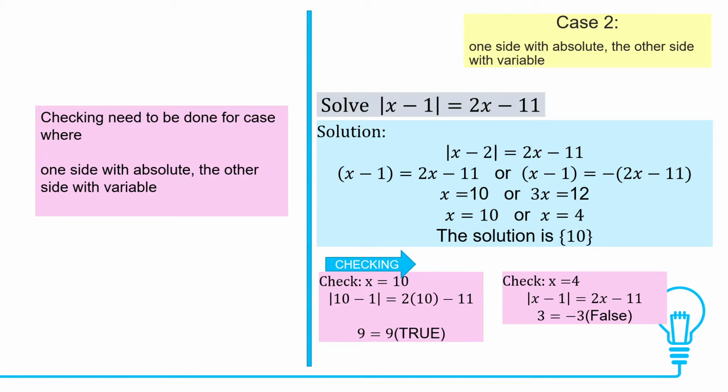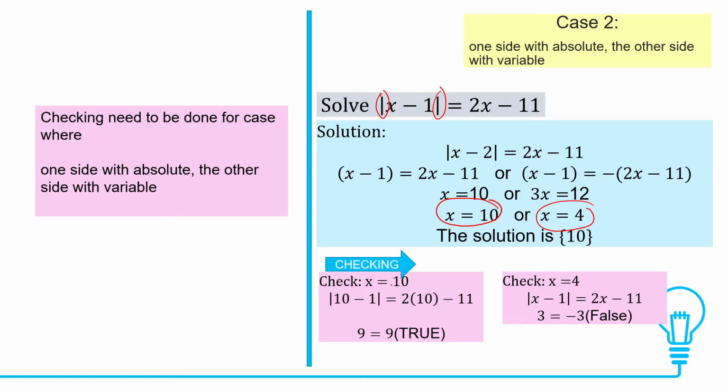Okay, so how about we look at one case which is not valid. When I want to break this absolute, one is positive, another one is negative. And I solved this, so I got two answers. One candidate is 10 and the other candidate is 4.